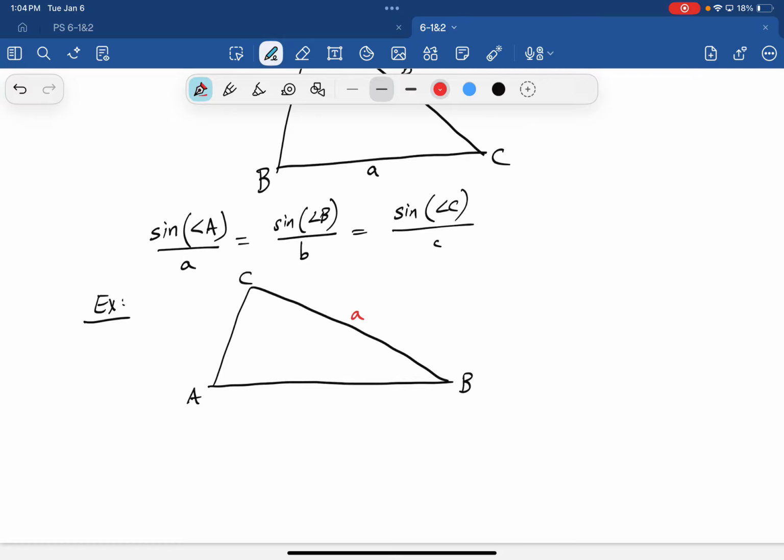A is unknown, C is unknown, and B is known. B is 28. And then angle C is 102 degrees.